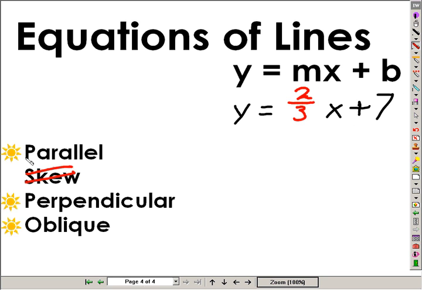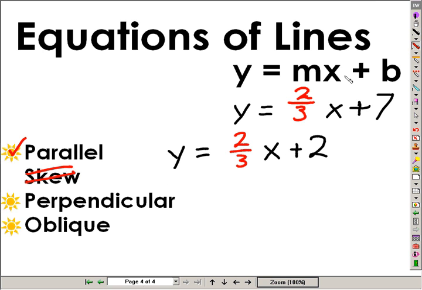It's all about the slope. To have an equation of a line parallel to this one, we would need that same slope. So how about if we use y equals, and the slope will have to be the same, 2/3, that is going in the same direction, and x, any number over here, like 2. These 2 lines would be parallel because they have equal slopes going in the same direction.